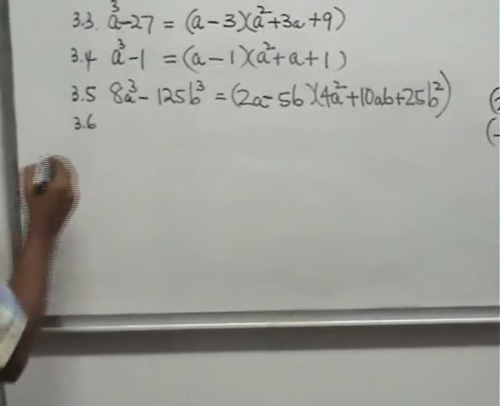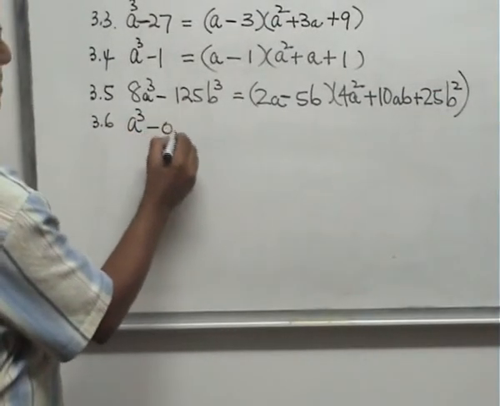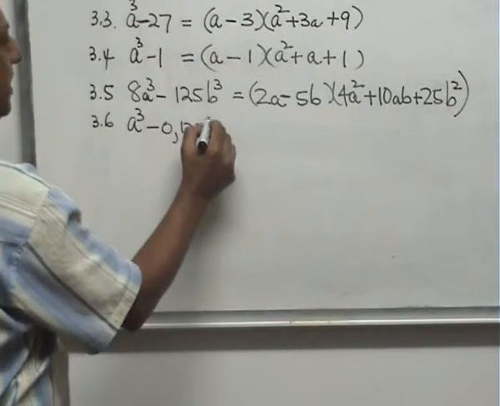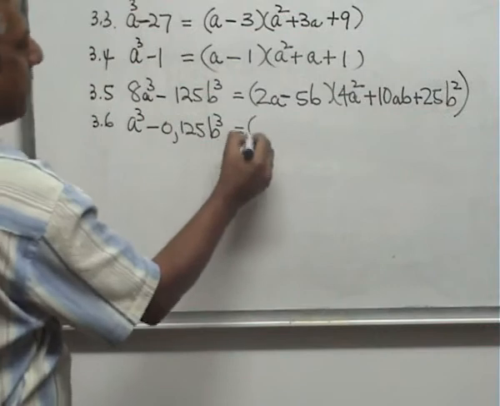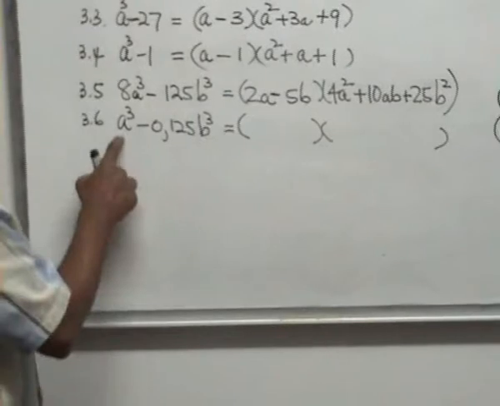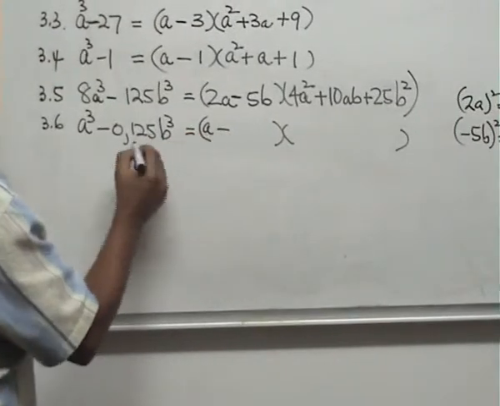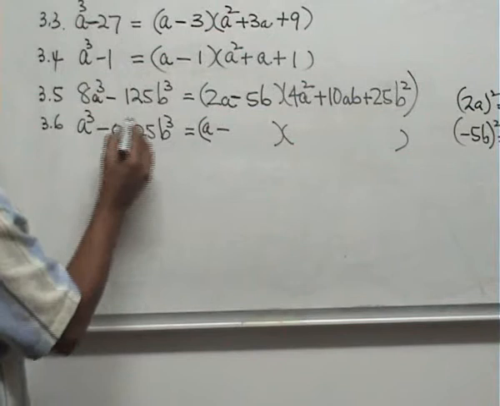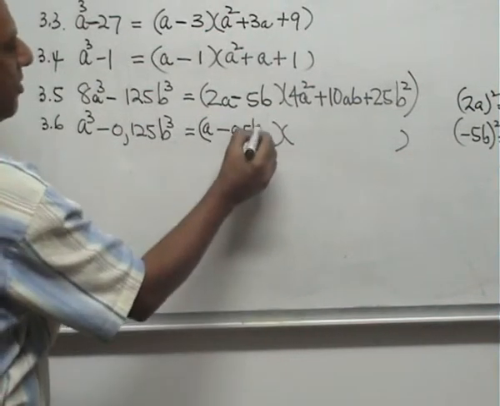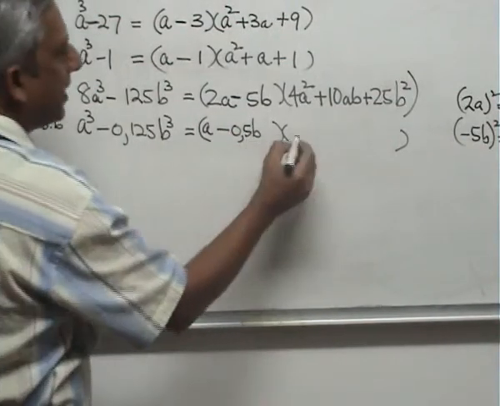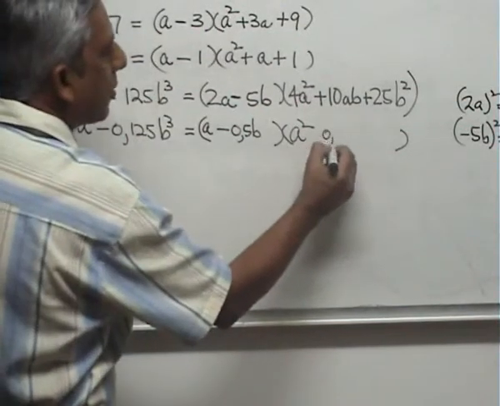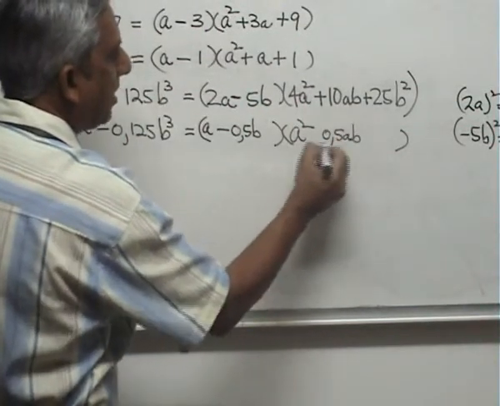3.6, a cubed minus 0,125b cubed. One small bracket and one bigger bracket. A minus. Use your calculator, cube root of 0,125 is 0,5. Cube root of b cubed is b. Square the a, a squared. Multiply these two, you'll get 0,5ab.